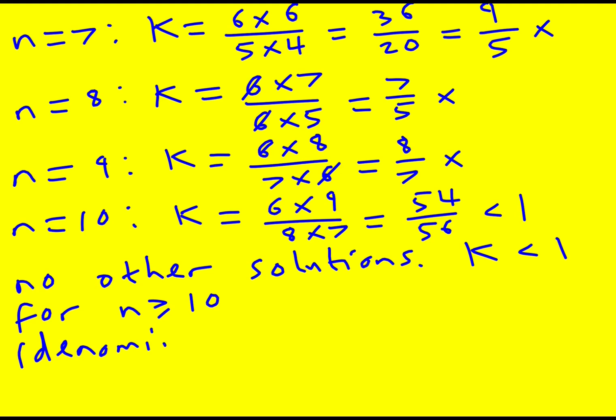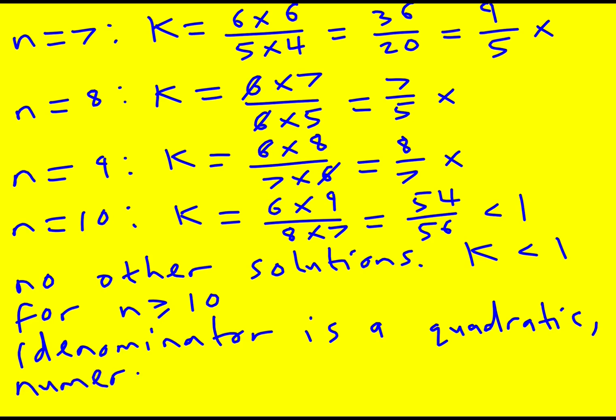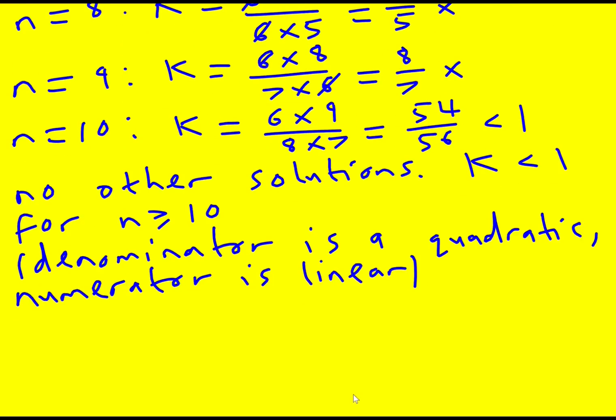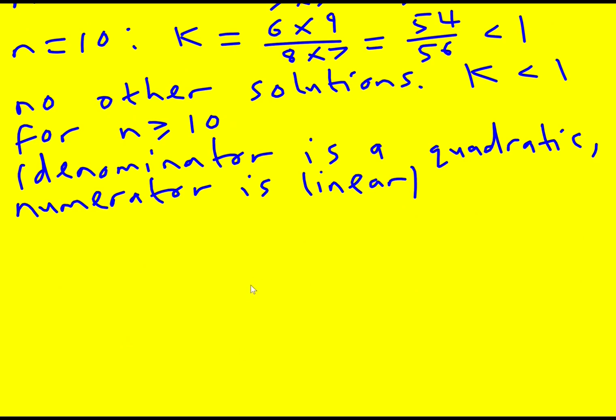Denominator is a quadratic. Numerator is linear. Now I feel like that's enough. Just going to show you the mark scheme 1 second.